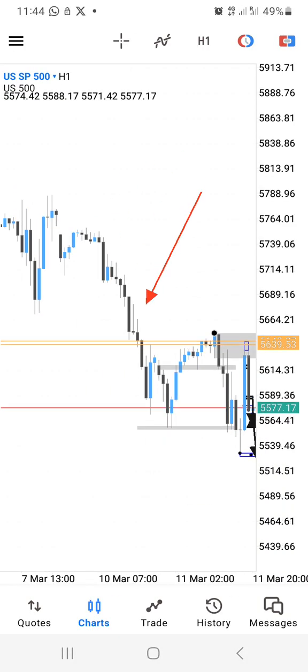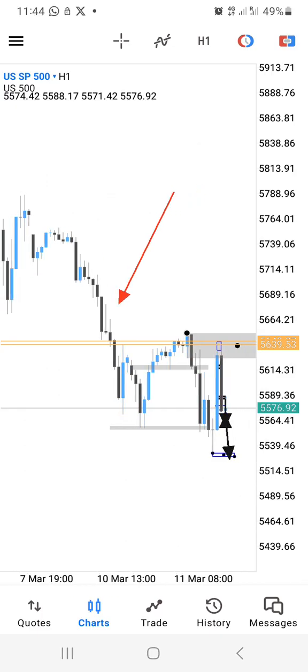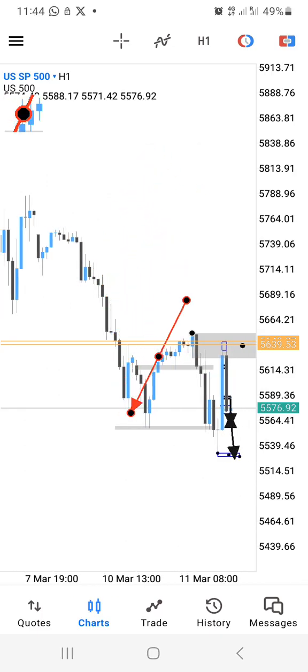You can see that the market has come from upward, making lower lows, lower highs, lower low, and finally it breaks this. Here we had a massive change of character.